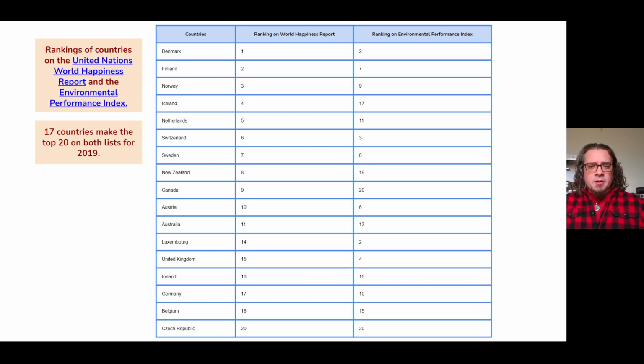The ones that are missing in the World Happiness Report, so for instance, 12, 13, looks like 19 is out too. Those are countries that didn't make the top 20 in the EPI. Okay? And you see that on the EPI side, those are 20 as well. Canada and Czech Republic did tie at 20. Okay, so that's why you see 20 up there twice.